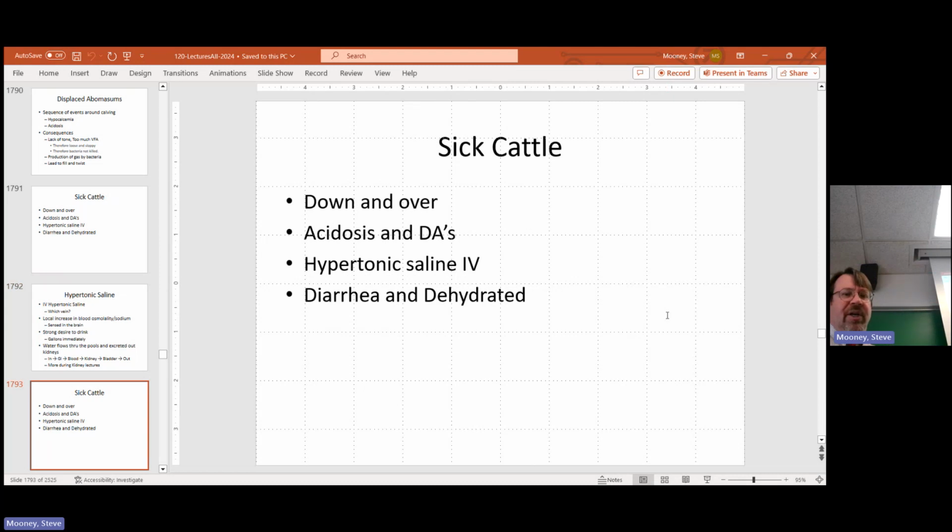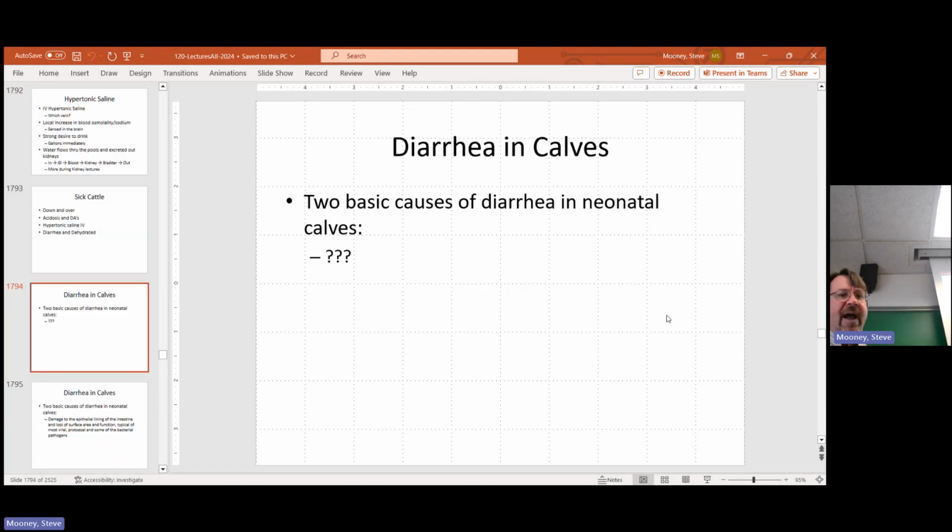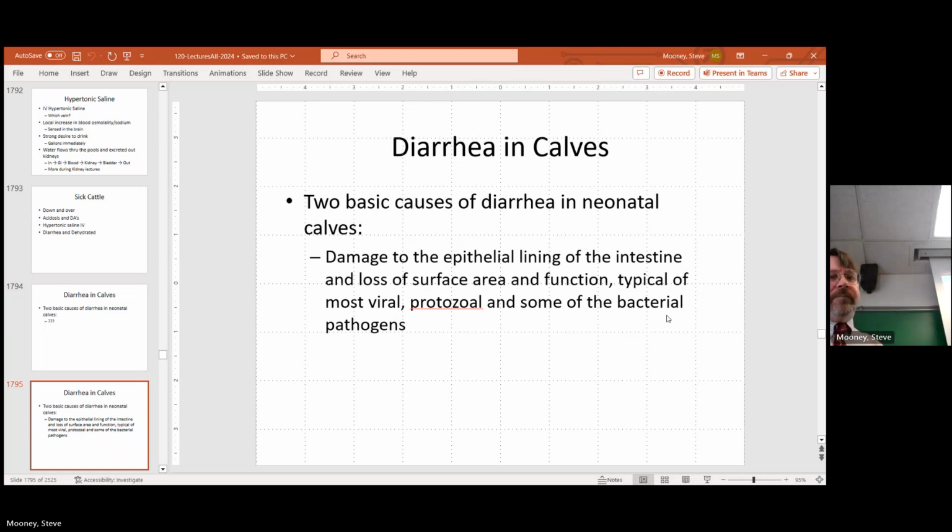Diarrhea and dehydration go hand in hand with our calves. So two major causes of diarrhea in our neonate calves. We can have damage to the lining of the intestine. We lose the surface area and function. You can't absorb nutrients anymore.